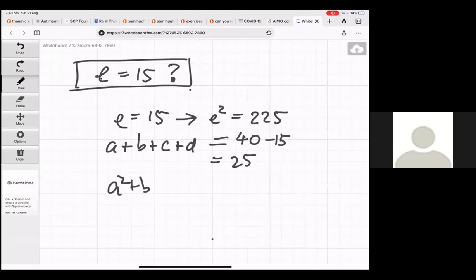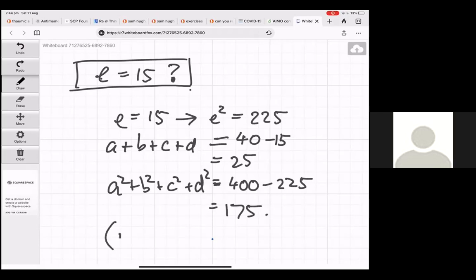And A squared plus B squared plus C squared plus D squared is equal to 400 minus 225, which is 175.